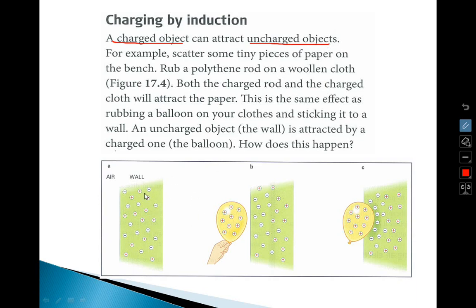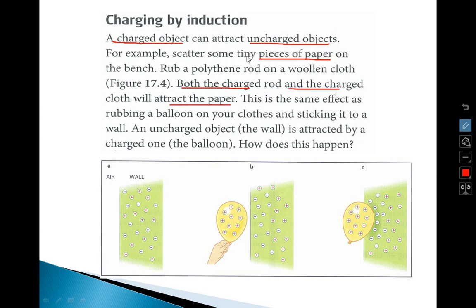For example, in this figure here, there are some tiny pieces of paper on the bench, and then we rub a polyethylene rod on a woolen cloth, and then both the charged rod and the charged cloth will attract the paper.